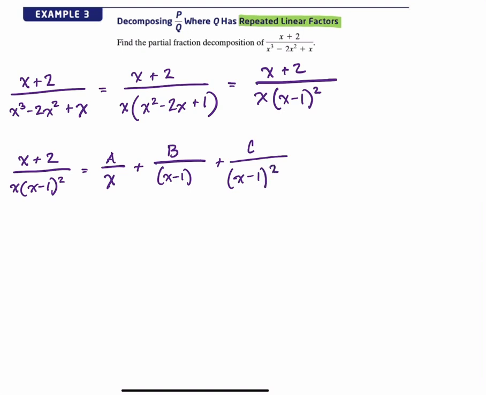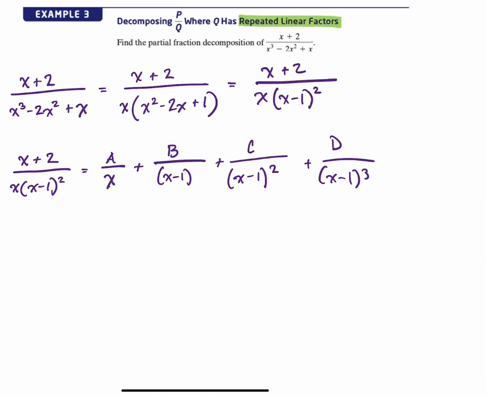So if you have a repeated linear factor, you have to build up to the power. In this case, we had the second power, so we get two terms, one with the first power and then one with the second power. If this was, say, the third power, then we would get plus another unknown over x minus 1 cubed.